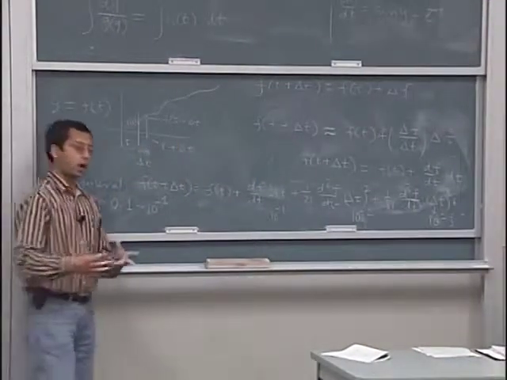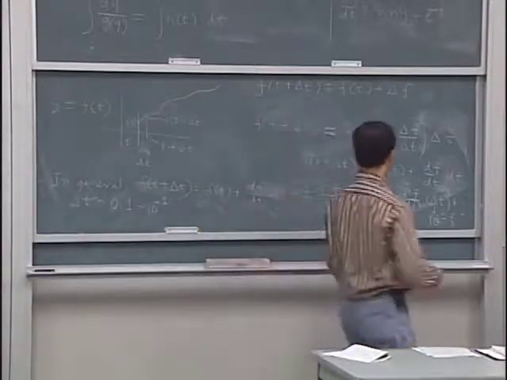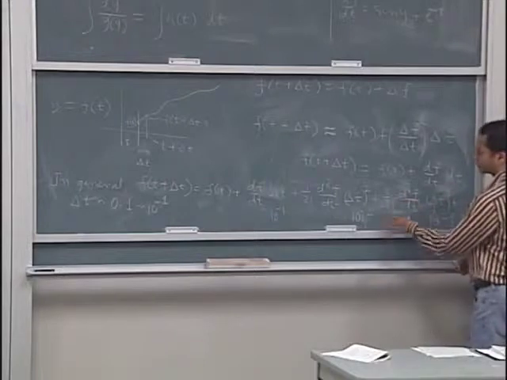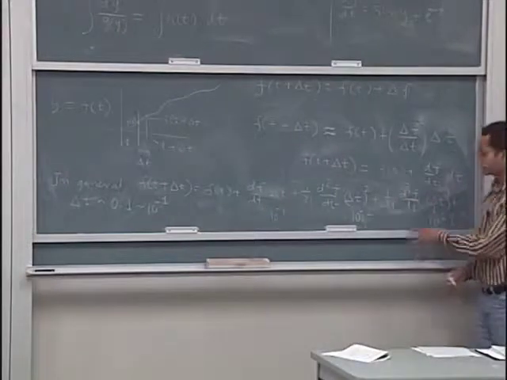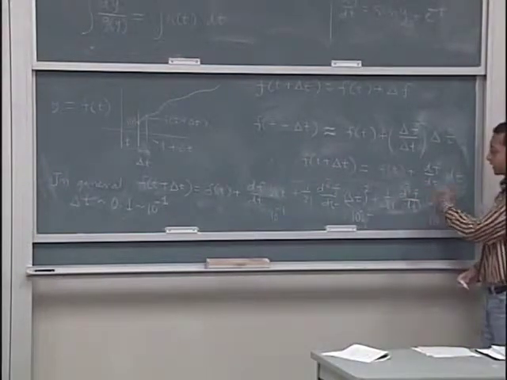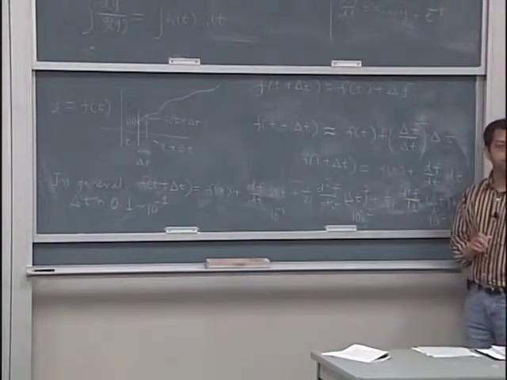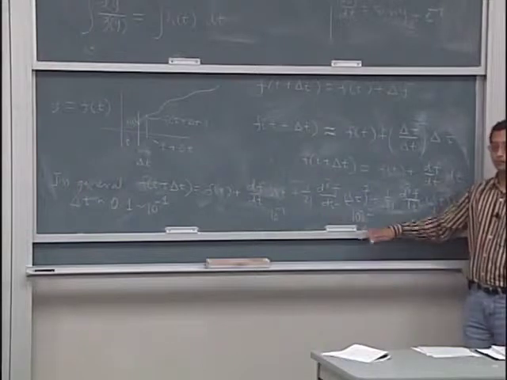Now, depending on how accurate you want your solution, suppose you want your solution accurate up to second decimal place. So you then ignore all these higher order terms and keep 10 to the minus 1 and 10 to the minus 2. Does this make sense?